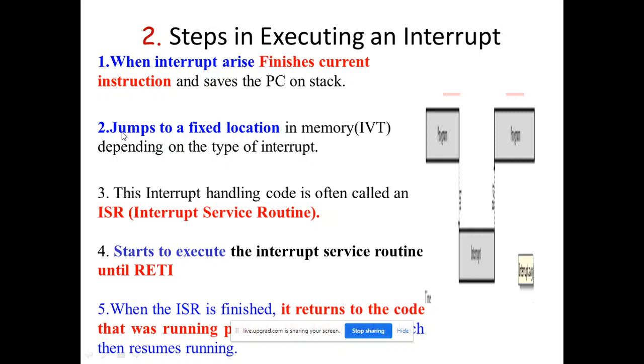Now, jump to the fixed location in memory, that is your interrupt vector table, depending upon which type of interrupt arises. The next location holds the interrupt handling code, which is already known as the interrupt service routine. The starting address of the interrupt service routine is available in the interrupt vector table.